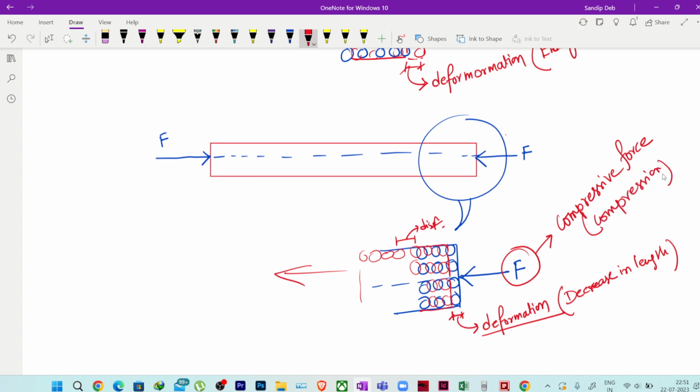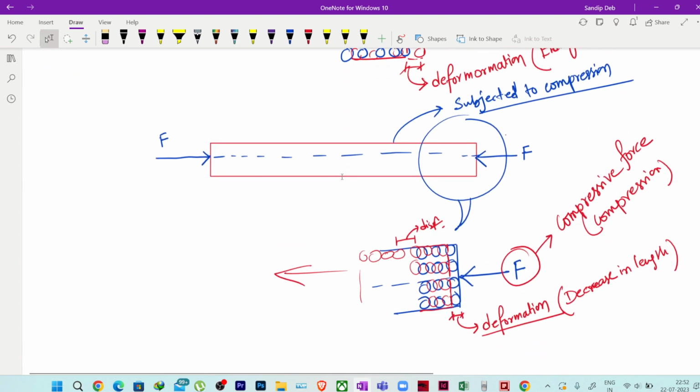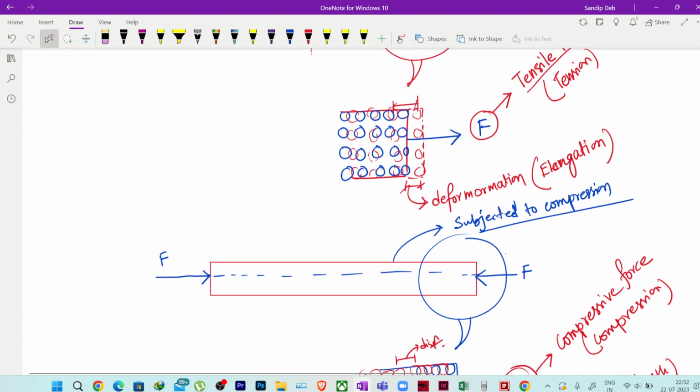And we can also say that this bar is subjected to compression. Okay, fine. So we understood what is tension and what is compression. Very basic idea I have given.